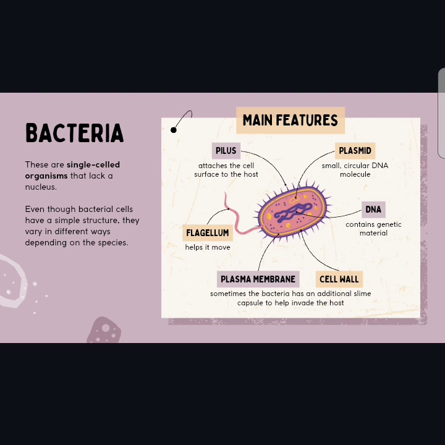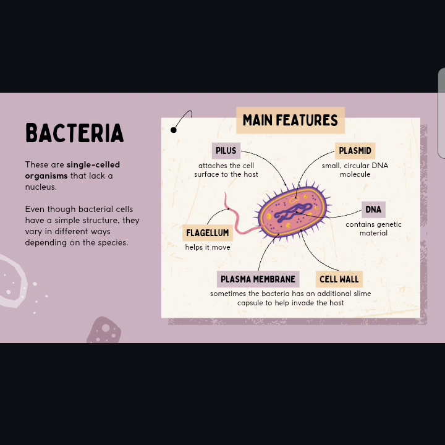The next thing mentioned in your diagram is the cell wall. The cell wall is the outermost covering of your bacterial cell, and inside it is the plasma membrane. The basic function of the cell wall is to provide structure and protection, and it is made up of peptidoglycan.